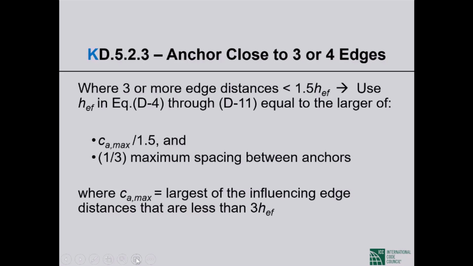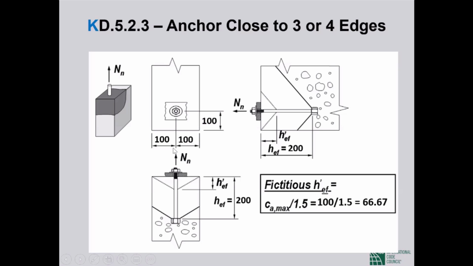Okay, let's take a look. This is an example. We have an anchor. Edge distances are 100 millimeters this way, 100 millimeters that way, 100 millimeters this way. The effective depth is 200 millimeters. 1.5 times effective depth is 300 millimeters. So each of those edge distances is short. So we have an anchor close to 3 edges. So now we have to do the calculation with an effective embedment depth smaller than 200 millimeters.